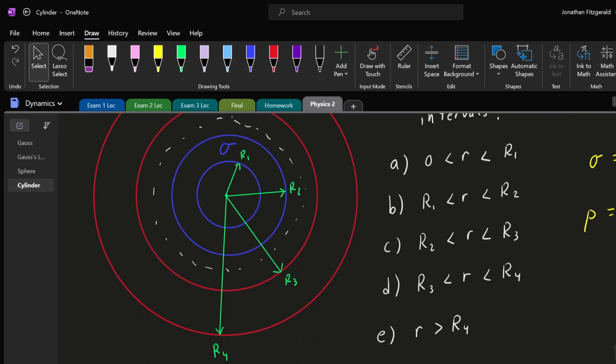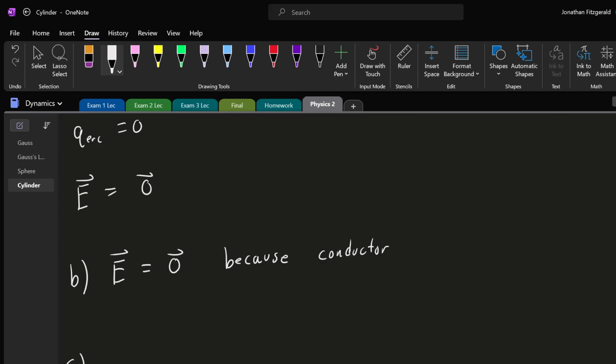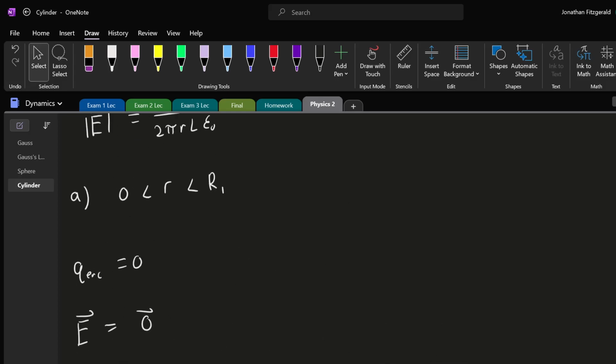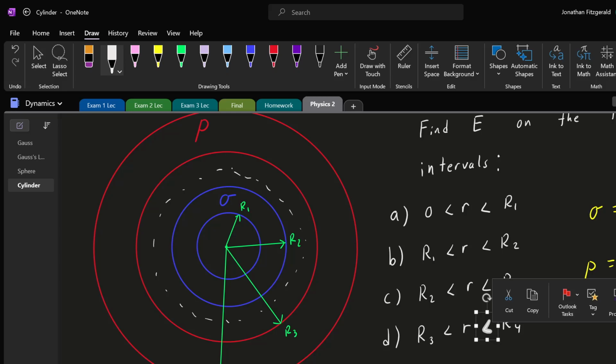Now, to get our charge enclosed, we need to think, okay, we have sigma, we know sigma is charge per area. So our charge is just sigma times the area. In this case, the charge is just sigma times the area on which the charge exists, which is looking like this.